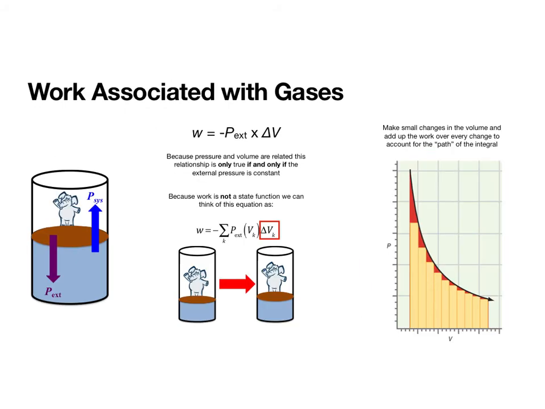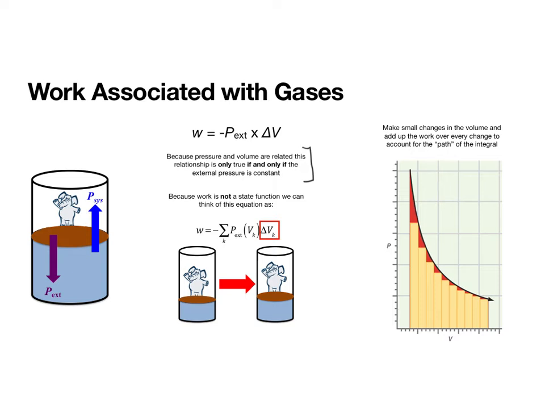So in this relationship, this P external is a single value. And so this relationship is only true if and only if the external pressure is constant.